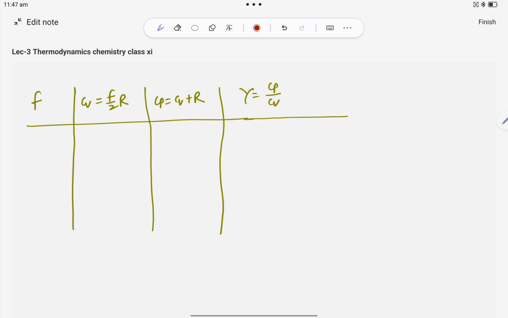Check it. Monoatomic. Then F value 3. So Cv is equal to 3 by 2 R. Cp is equal to 5 by 2 R. Gamma is equal to 5 upon 3, which is 1.66.